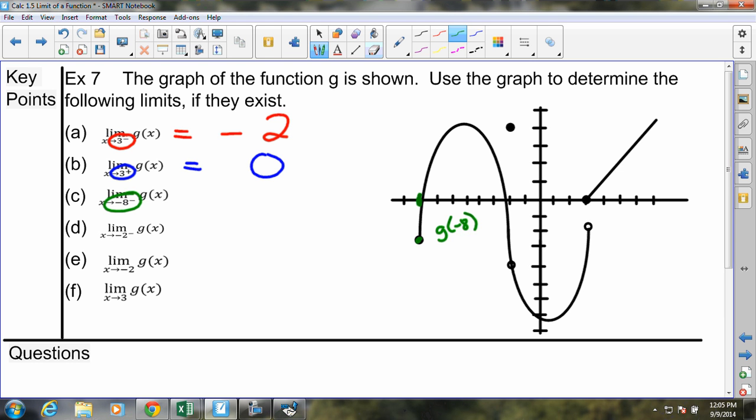How do you approach it from the left? Can't. There is no graph to the left of -8. And so if you don't have anything that's approaching from the left-hand side, you can't talk about a limit. This is an undefined limit.